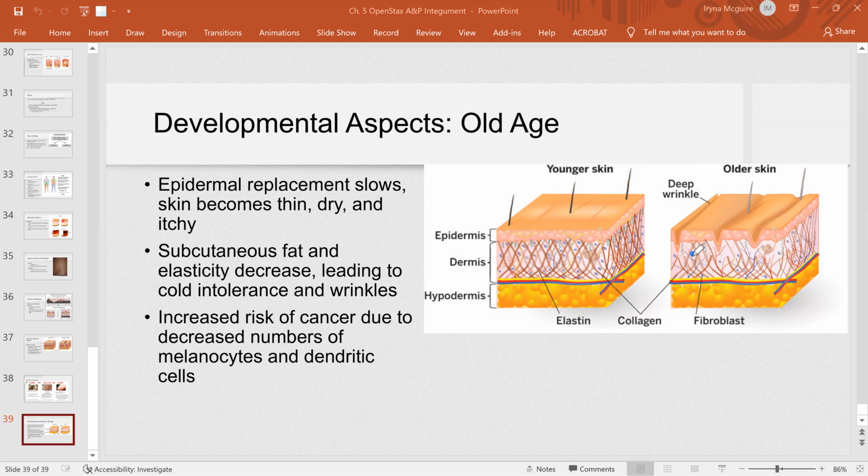So if we can activate fibroblasts, and if you have heard about different retinoids, right? Those are derivatives of vitamin A. This vitamin A can activate fibroblasts, and hopefully fibroblasts will produce healthy collagen and elastin, and that will keep our skin younger for a longer period of time, right?